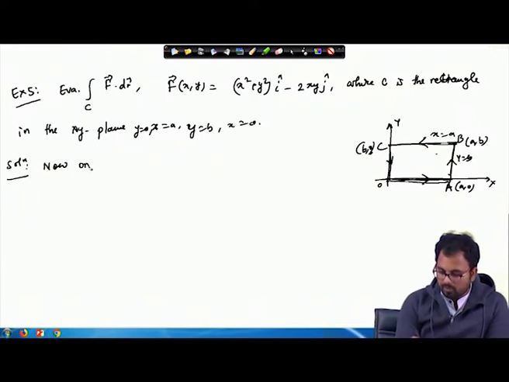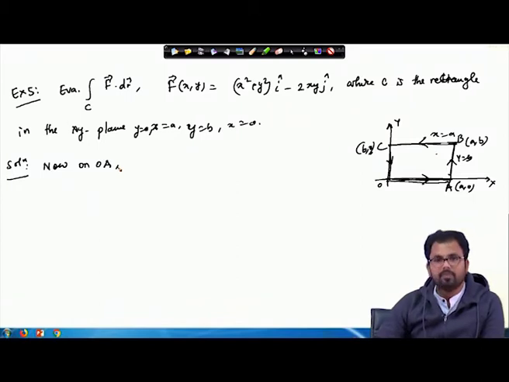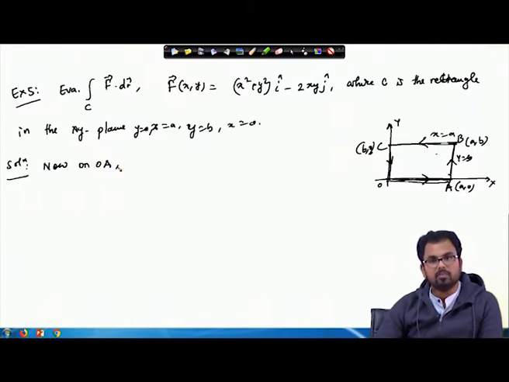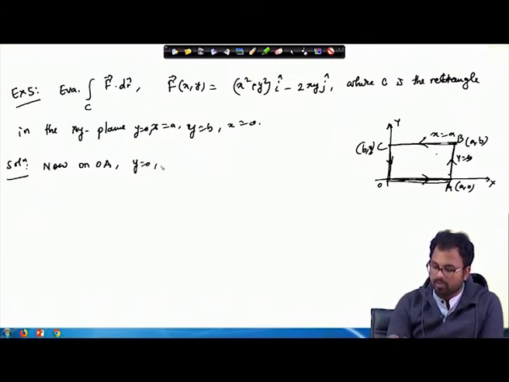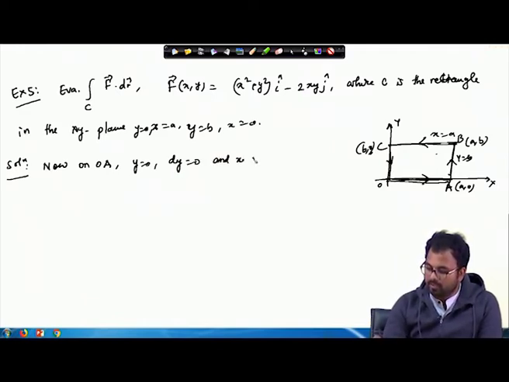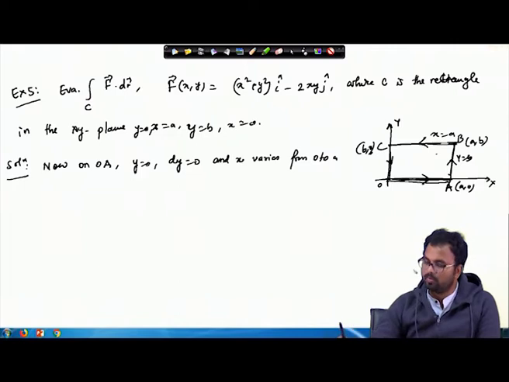On OA, x is varying, but y is 0, because the equation of the line OA on the x axis is y equals 0. Therefore dy is 0, and x varies from 0 to a.